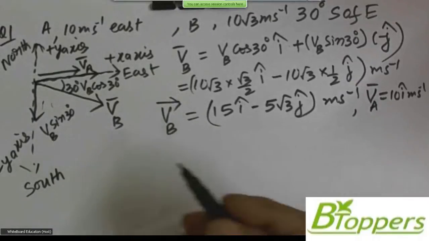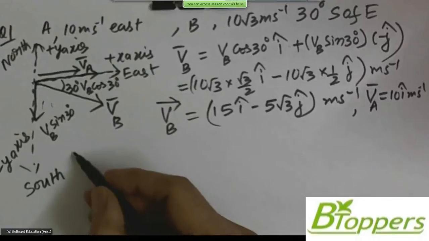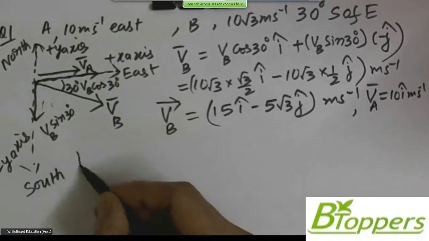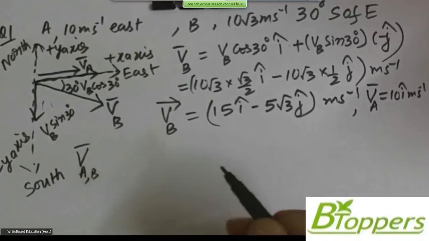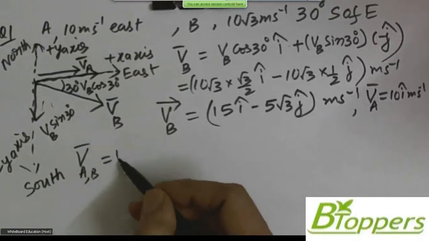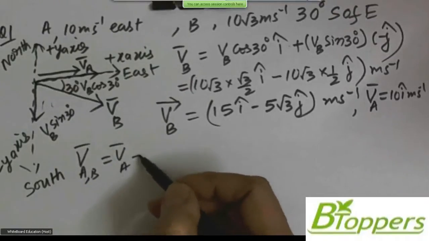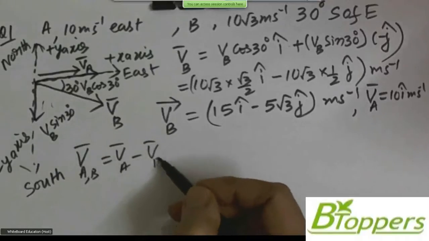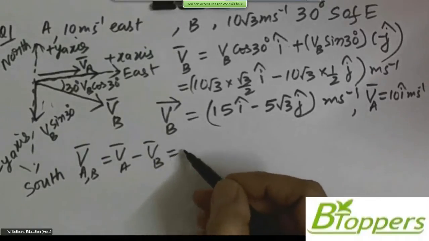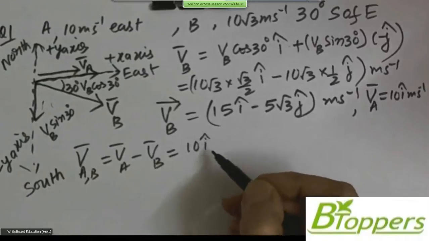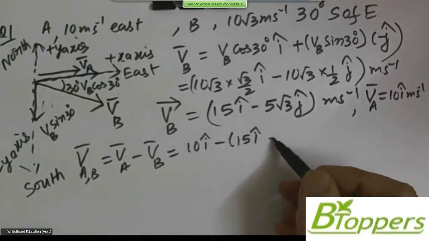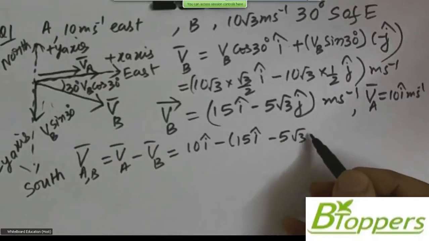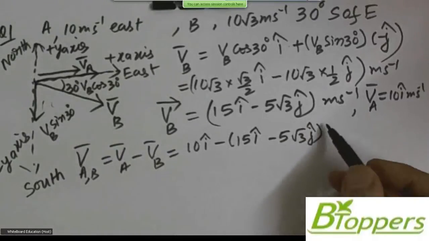So relative velocity of A with respect to B, denoted V bar subscript A comma B, means relative velocity of A with respect to B. The vector difference of VA bar and VB bar. Can write VA bar equal to 10 i cap, VB bar equal to 15 i cap minus 5 root 3 j cap.